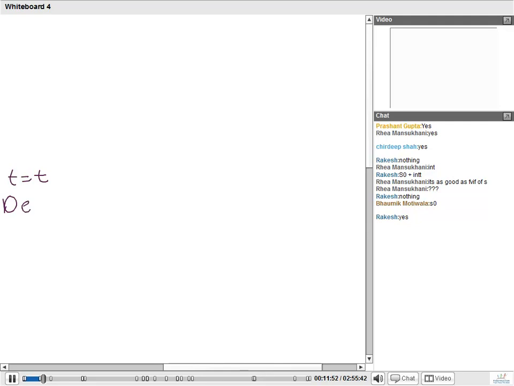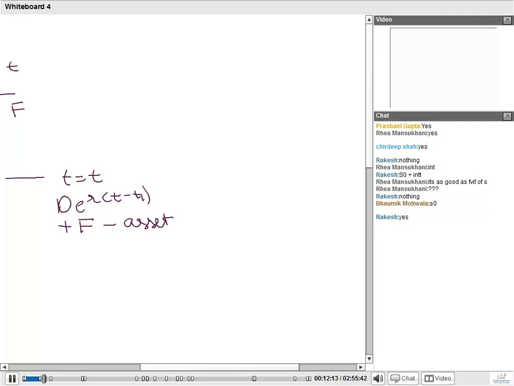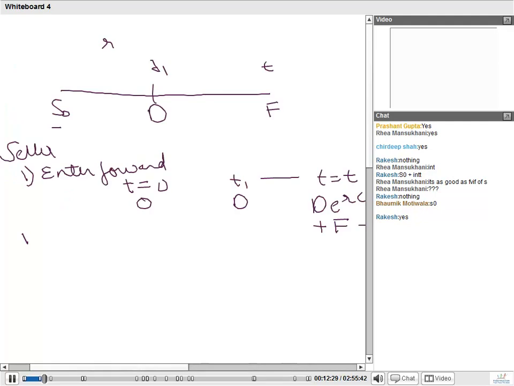His D would have compounded to D e raised to the power r(T minus T1), or D times (1 plus r) raised to the power T minus T1, because this is the period that the dividend has been invested for. There would be a payment of F, and he would have had to sell out the asset. So he would receive a payment of F from the forward, but he would have to sell out the asset because he has entered the forward contract. So this is how things will look if he enters the forward contract.